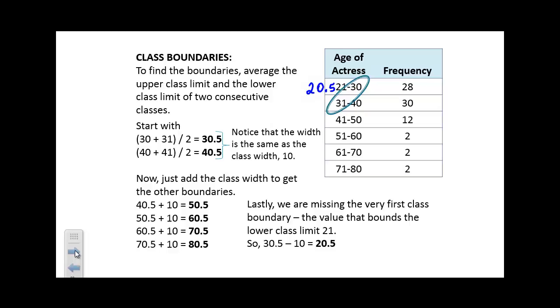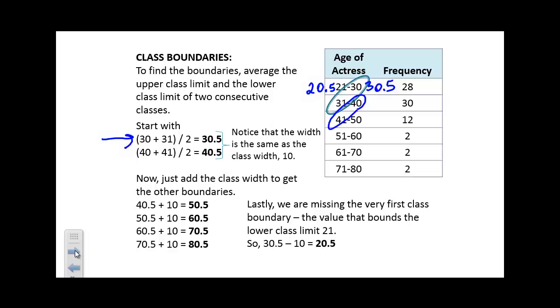And the second one is 30.5. Now here's the thing. We don't look at that and just know automatically that the first one is 20.5. That's the reason why I originally had the 30 and the 31 circled. That's where you're going to start. You're going to start by averaging the upper class limit of the first class and the lower class limit of the second class. So that's 30 and 31. Add those together, divide by 2. That is 30.5.